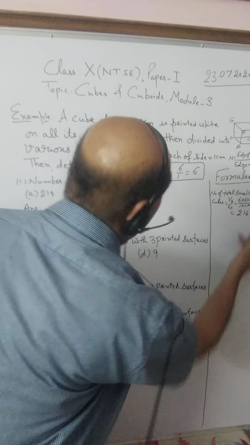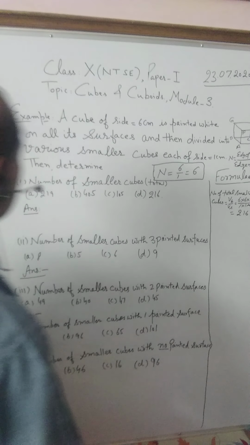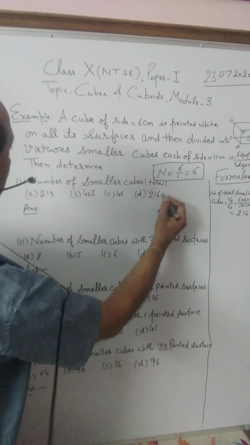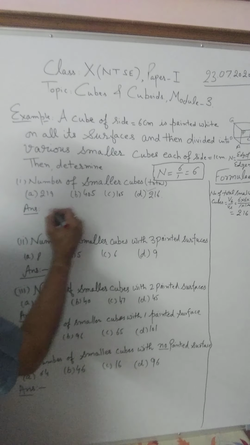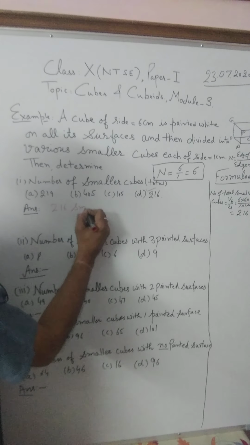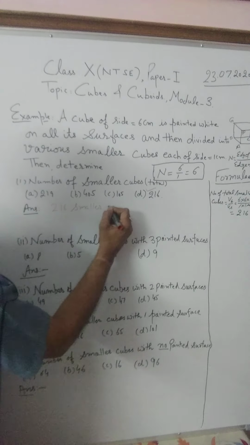So our answer will be D option, that is 216. So I have ticked D option and the answer will be 216 smaller cubes.